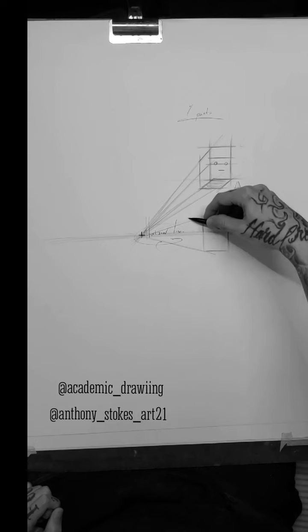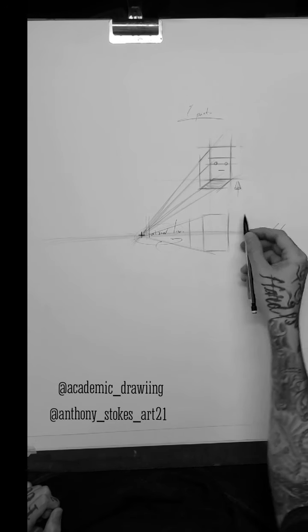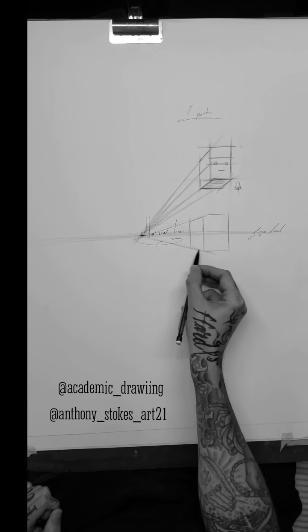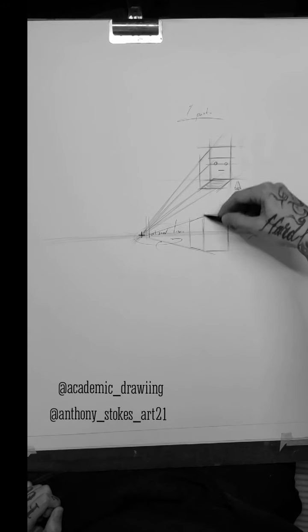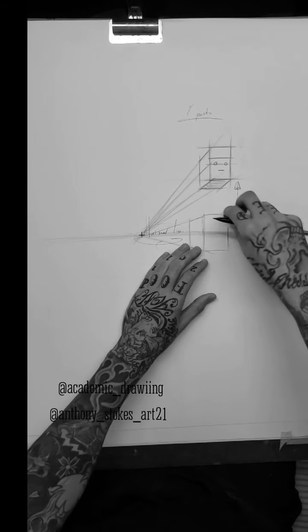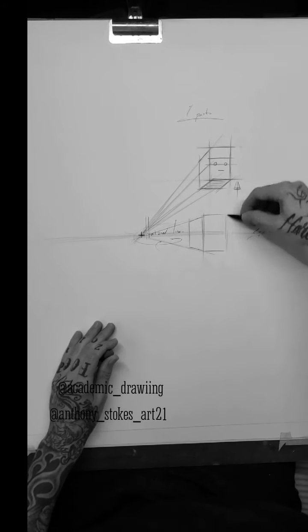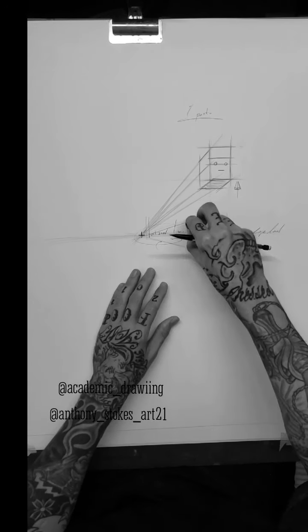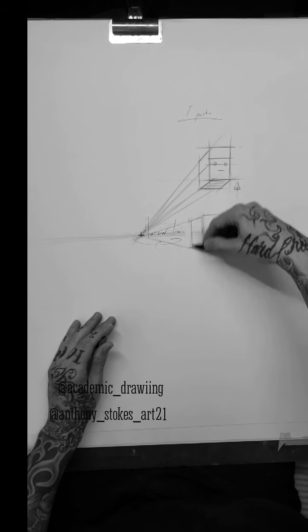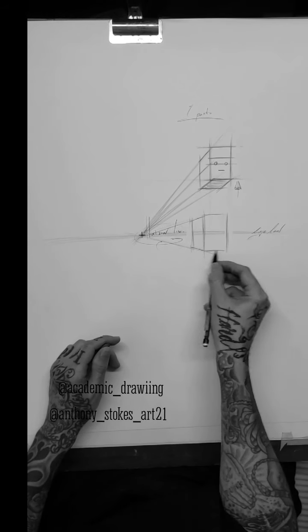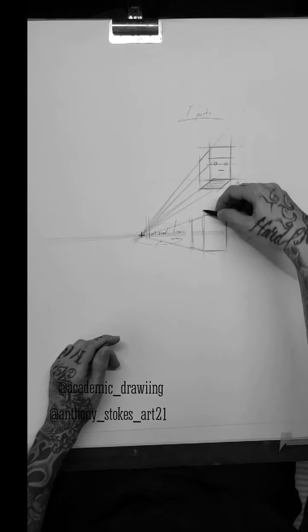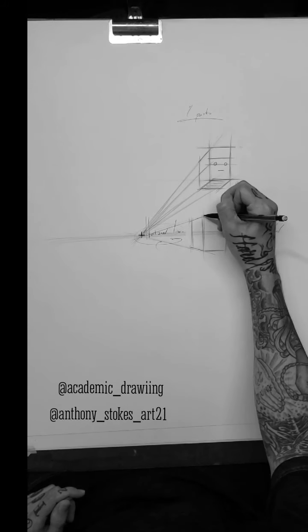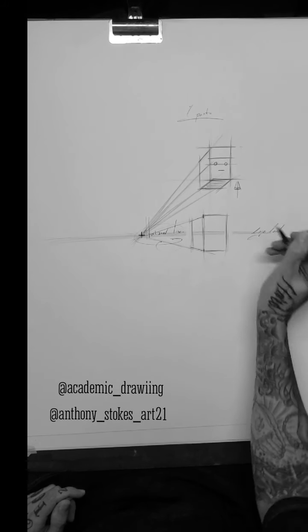That's our vanishing point, right? We could actually make the head probably a little bit thinner. You would draw it in relation to what you see in life. These are just generic ones, so. And so this was our point here.